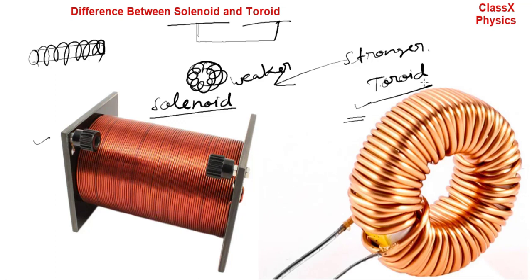That's why in a fan, in a fridge, in a motor, in many electronic devices, we can see the shape of winding like this. This is called a toroid, which is exactly the solenoid, but its name is a little bit changed. It doesn't matter. Both work the same. Solenoid is straight in shape and toroid is ring shaped.